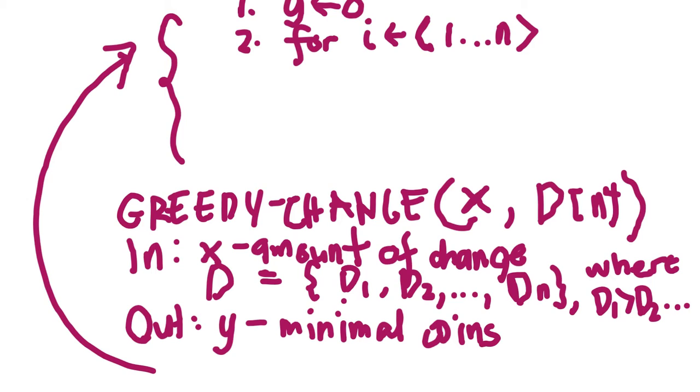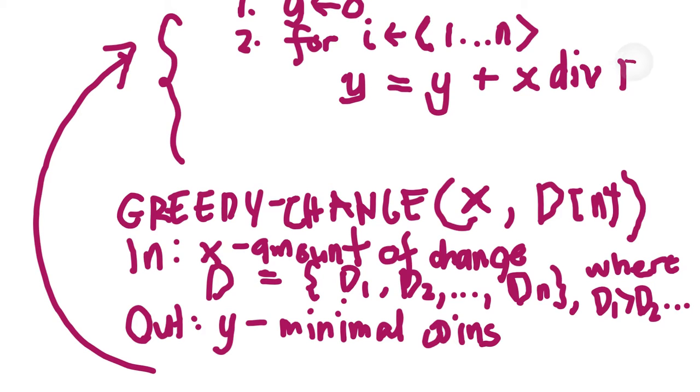We will simply get the count for that. So for the first denomination, we will count it as this, which is basically the change x div the money denomination, div d sub i, and this will give the largest.